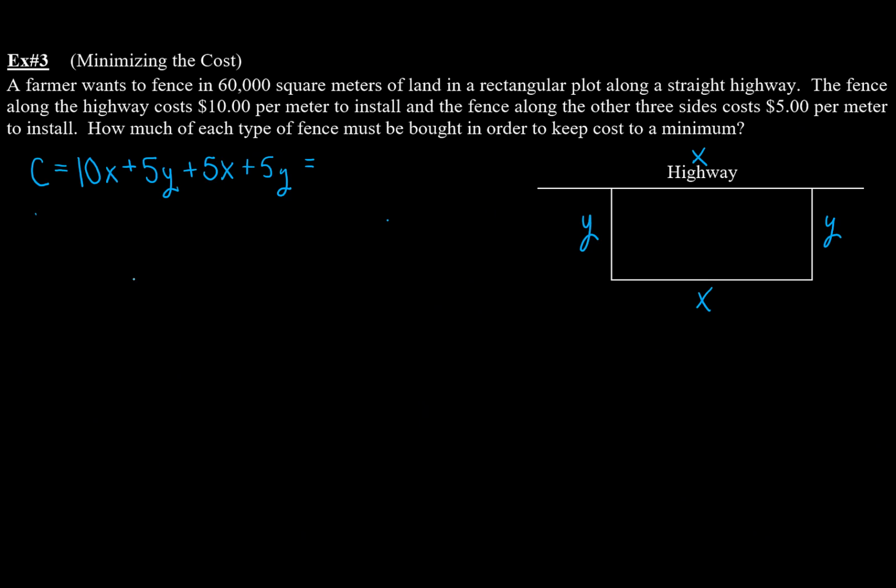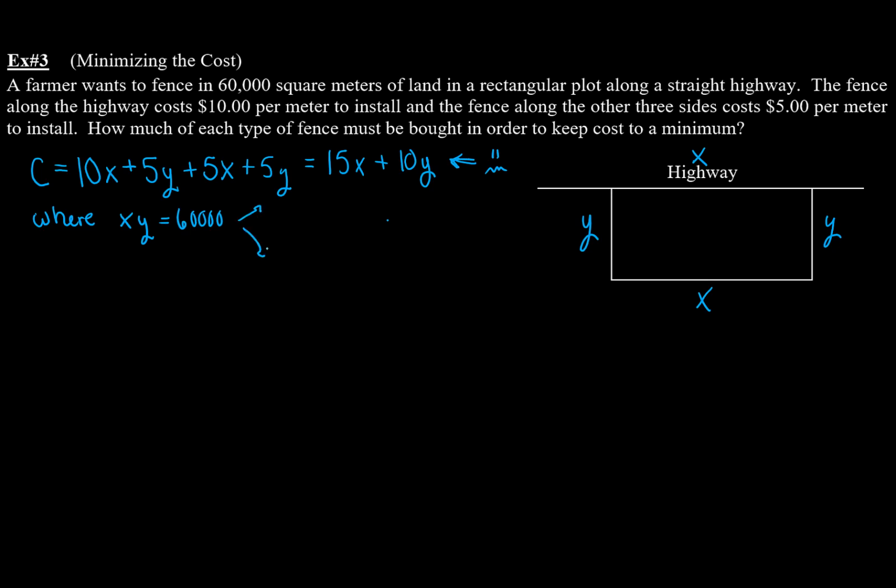So I'm going to simplify this cost function. I've got 15x plus 10y, where they told me that the enclosed space is going to be 60,000 square meters. So I know that x times y equals 60,000. Well, I don't want this cost function in terms of 2 variables.